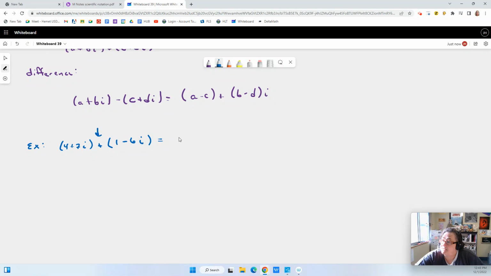So if I wanted to, I could write this as 4 plus 7i plus 1 minus 6i, and we could just combine like terms as though those i's were just variables, right? The only difference is normally when we have a variable, we write it first, and when we're dealing with imaginary numbers, we write it last. So I'd go, well, I've got 4 plus 1 here, that's 5. 7i minus 6i is plus 1i, which we would just call i.